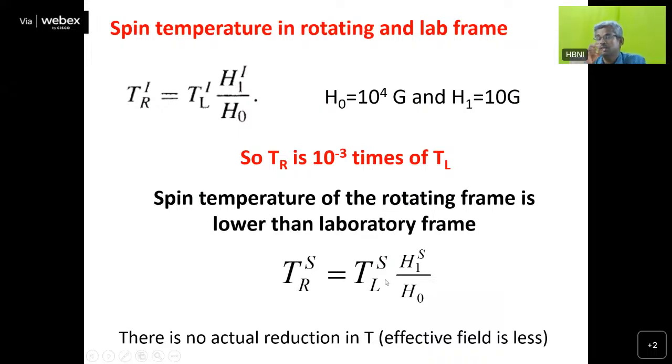Now you tell me which will have lower temperature and which will have higher temperature. Suppose you take the I nucleus and the S nucleus, which will have low temperature, whether I or S? Can you guess or calculate from this expression, assuming there is the Hartmann-Hahn condition?